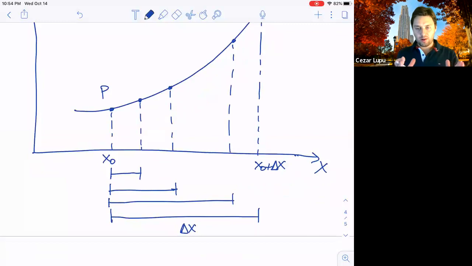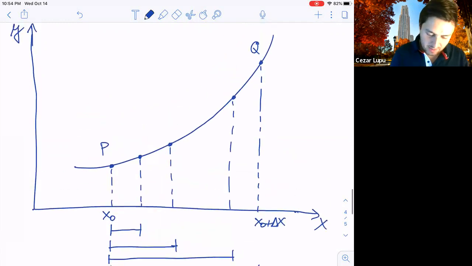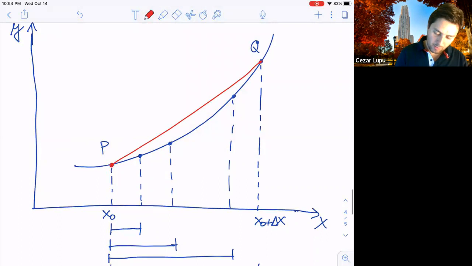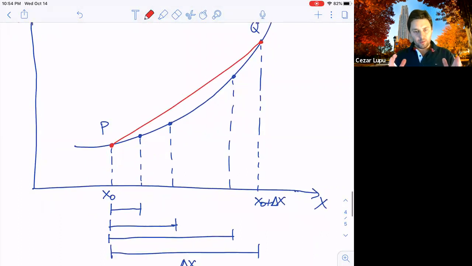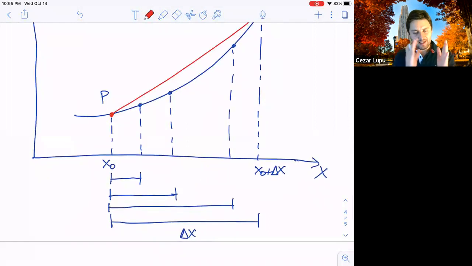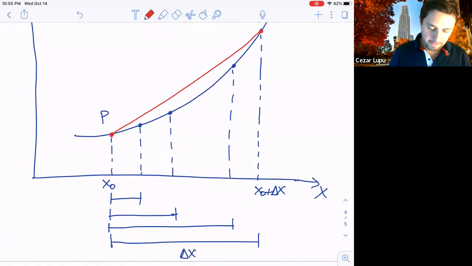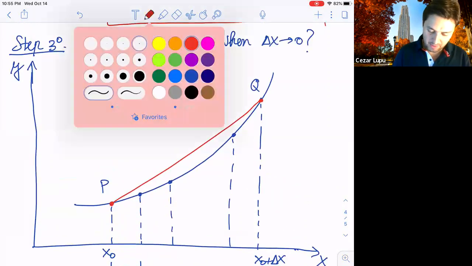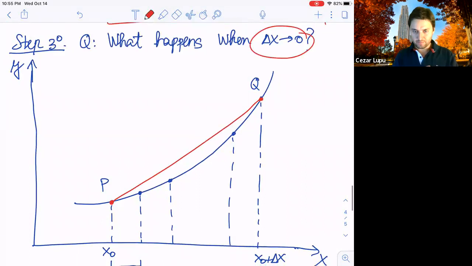So in other words, let me draw this secant line here between P and Q. I would like to see what happens as delta x becomes very, very small. In other words, as P approaches Q, I want to see what happens, because we would like to see what happens when this is very small, basically approaches 0.